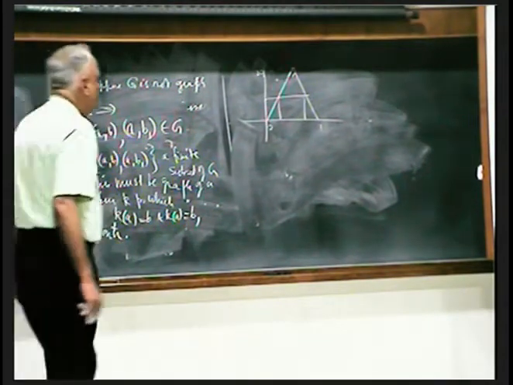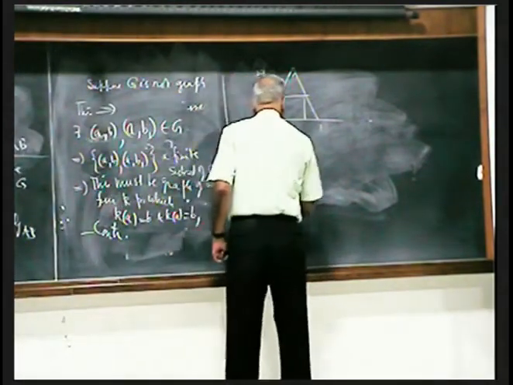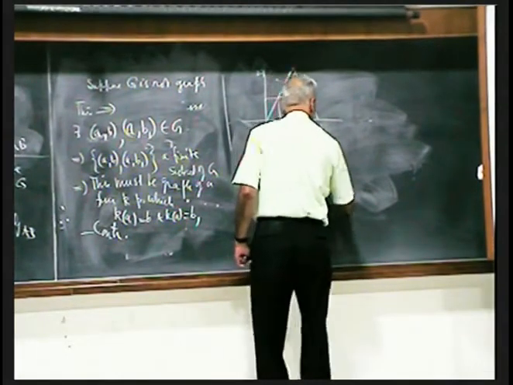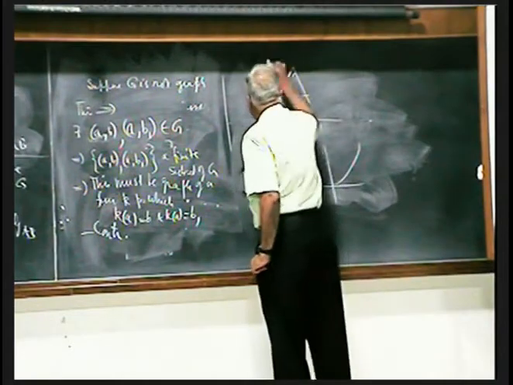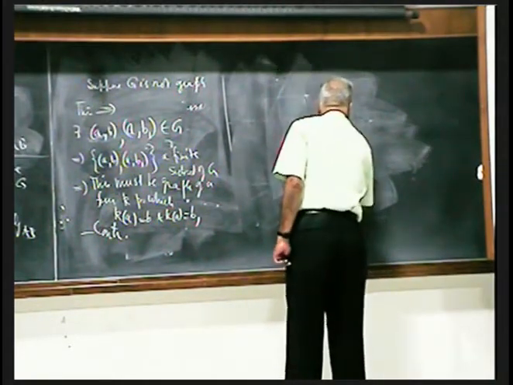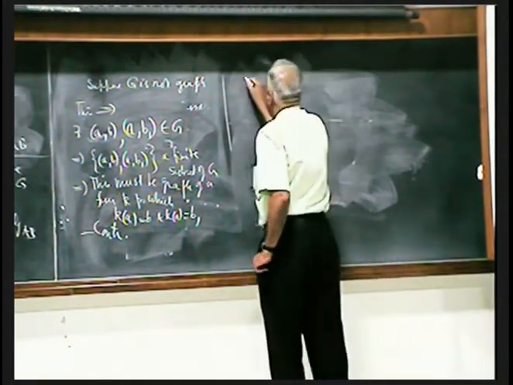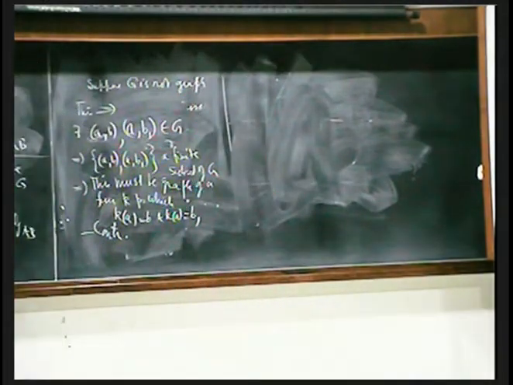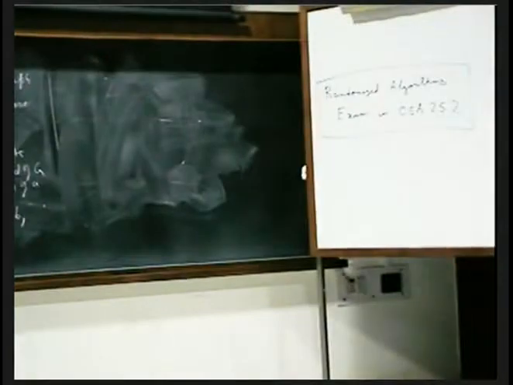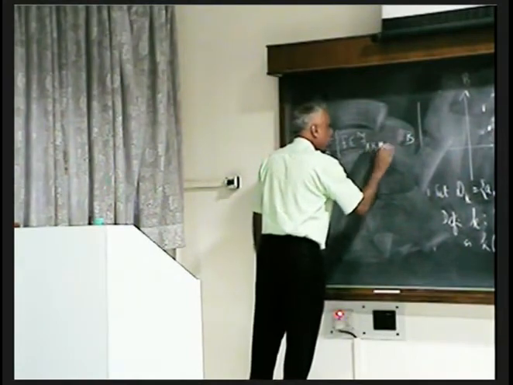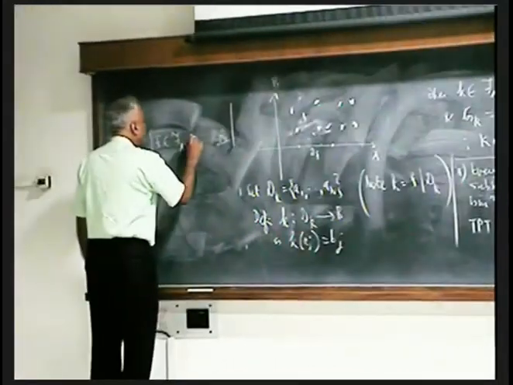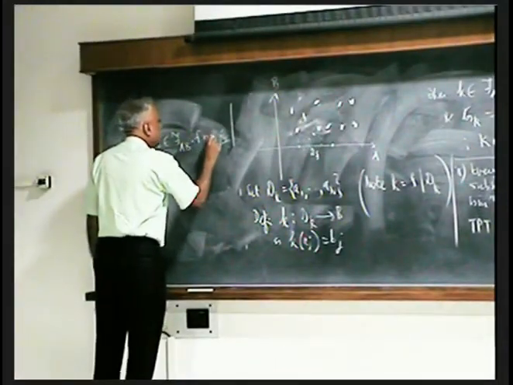I won't allow such a function, but I will allow a function like this, and so on. So, what I am going to look at is F naught A, the set of all those functions which were as before, with a specific property that F is one-one.